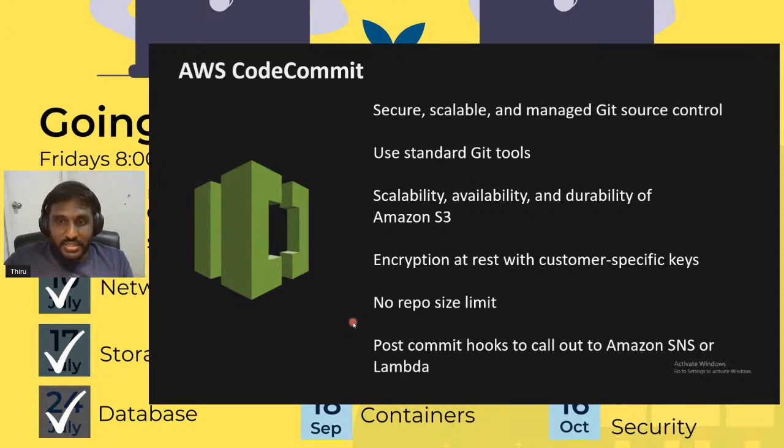There are no size limits. And because it's an AWS service, it's also got hooks into our notification service or even Lambda as well. So for example, once you commit something to your repo, you can trigger a Lambda function to fire.